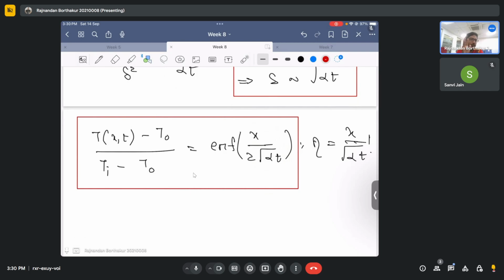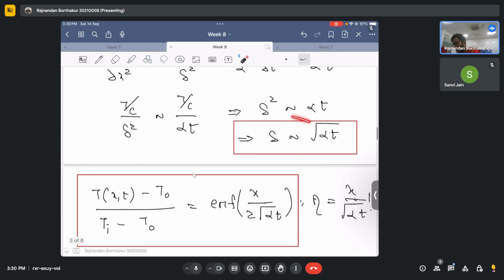You have a rough order of magnitude estimation that your delta or x, the distance of propagation, varies as square root of alpha times t. But remember, x is not exactly equal to square root of alpha times t, as you can see from here. We are just doing an order of magnitude analysis to get a ballpark figure of how this distance of propagation would vary with time.